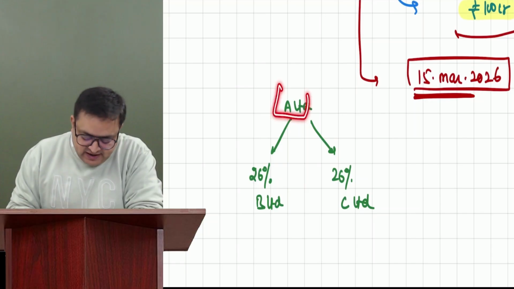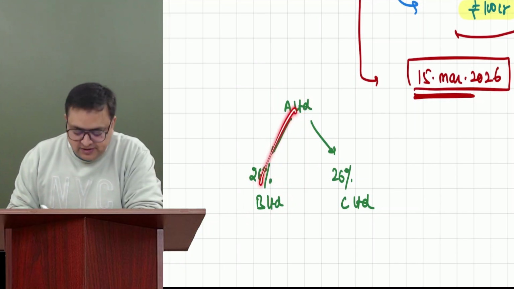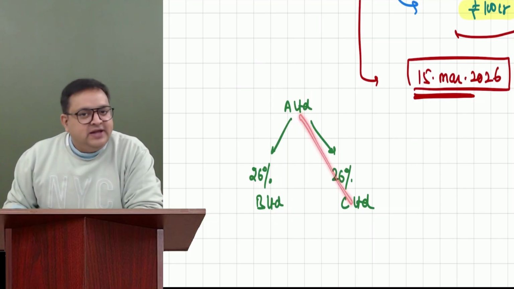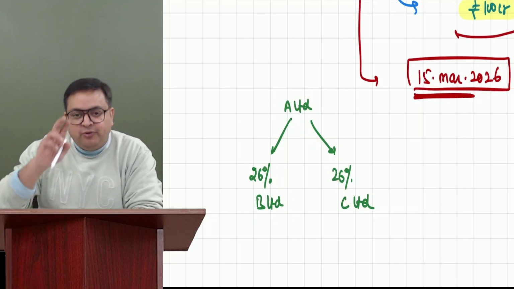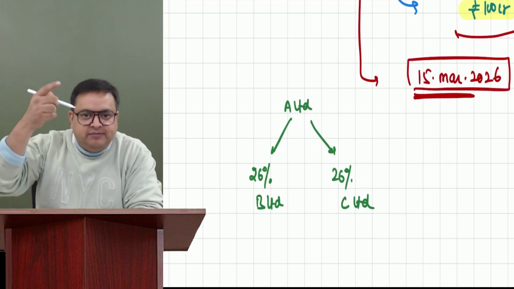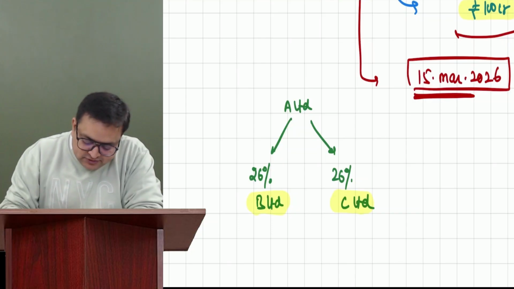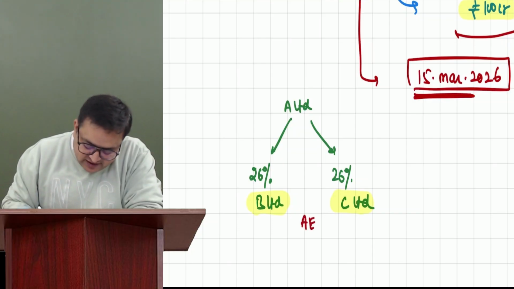So obviously A and B would be associated. A and C are also directly associated by point number one. But point number two is saying that if you are commonly held by one person, B Limited and C Limited, you both will also be associated enterprises.